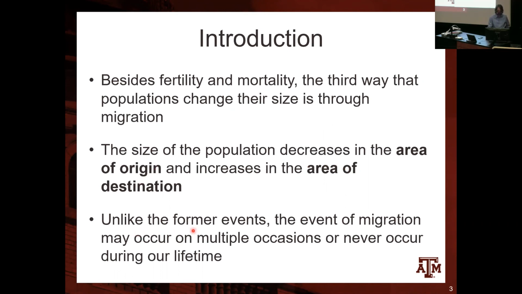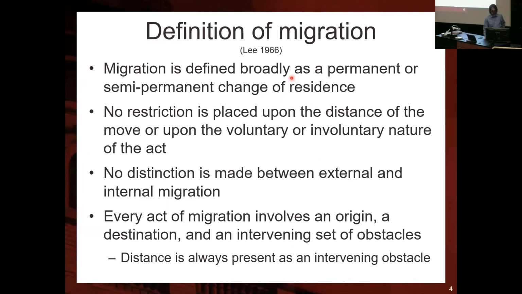Unlike the former events, the event of migration may occur on multiple occasions or never happen during a lifetime. But you could say the same thing about fertility, because some women can have more than one child, or some women could never have any children, right? Migration, based on this Lee work from 1966, is pretty much defined as a permanent or semi-permanent change of residence.